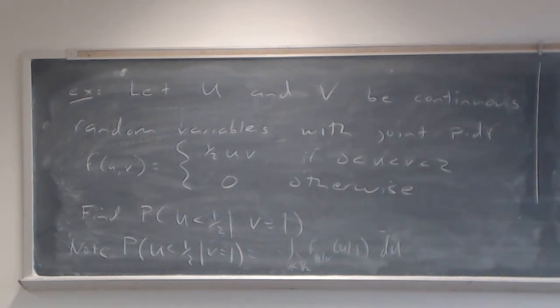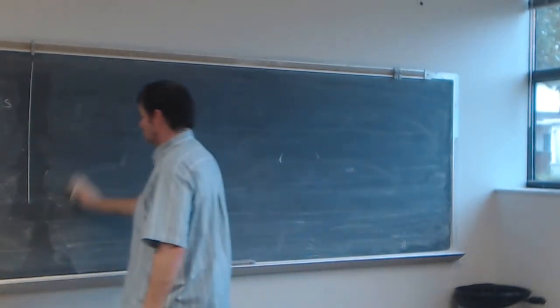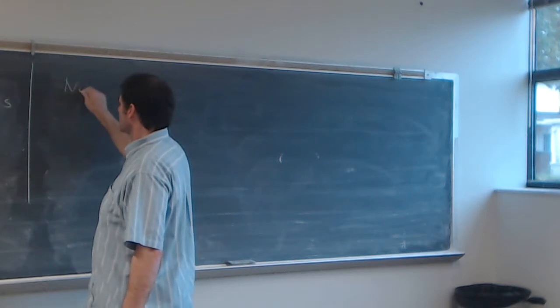So we have to find this conditional probability density function of u given v. Let's work on that.